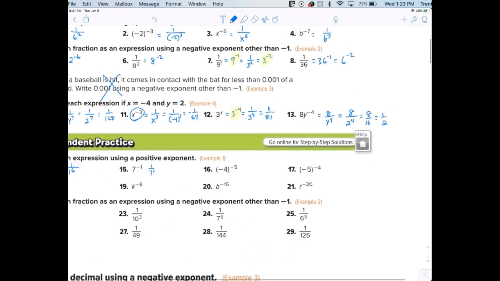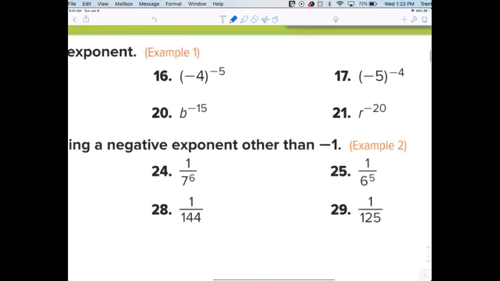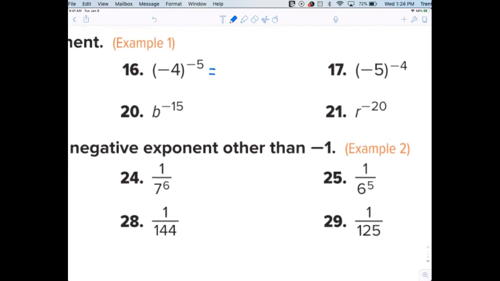You're up now. You're on 16. What's that going to be? Yeah, that's it. 1 over negative 4 to the 5th. And some people know that 4 to the 5th is 1024. So if you want to write 1 over 1024. Now, let's do that on the calculator. I think this one won't come up on your calculator.